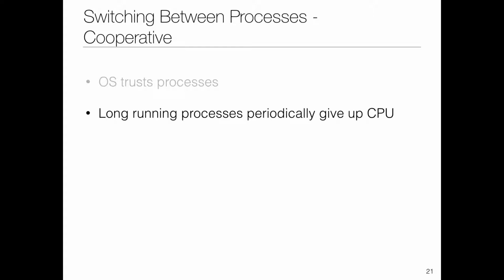The OS has to trust the processes to give back the control. Long running processes would periodically give up the CPU, but if I have to game the system, I would never make a system call. If I've got access to the CPU, why should I give it to someone else?